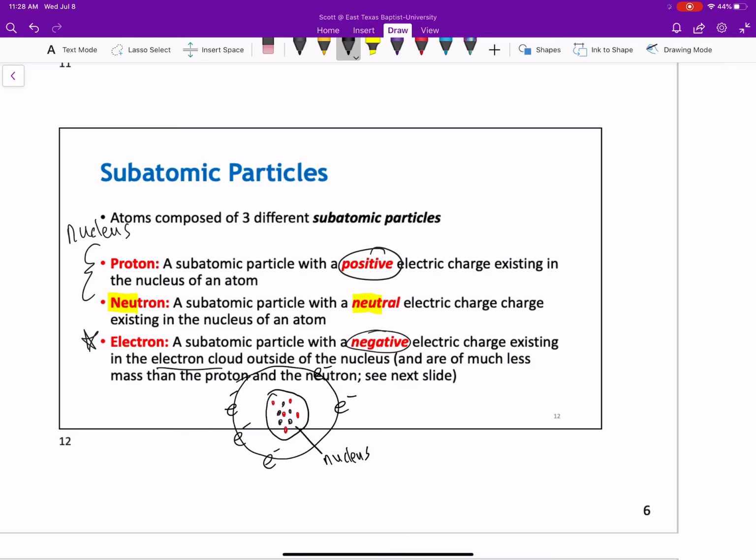And so according to this, there are 5 electrons, so 5 negatives in the electron cloud. Let's call the red dots in the nucleus protons. So that would be 5 positive charges. So the nucleus is positively charged. The electron cloud is negatively charged. But since there's 5 positives in the nucleus and 5 negatives in the electron cloud, that would make this a neutral atom. Okay, plus 5 minus 5 gives you 0.